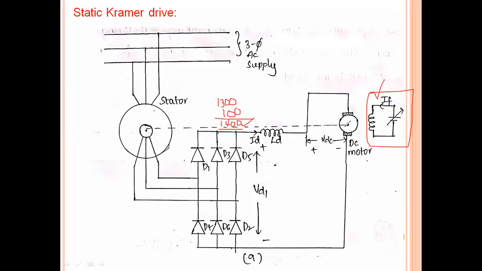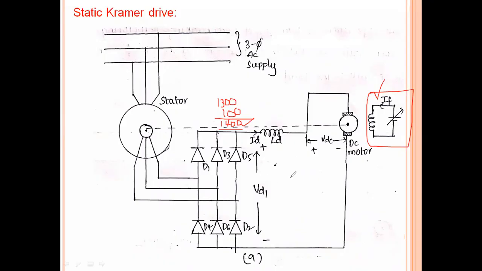So the torque supplied to the load will be the sum of the torque produced by this induction motor and the DC motor, because both are coupled, right? If the induction motor is handling some load, the total torque that is supplied to the load will be the torque of this induction motor added to the torque of the DC motor.